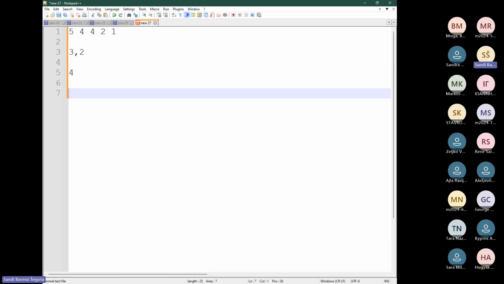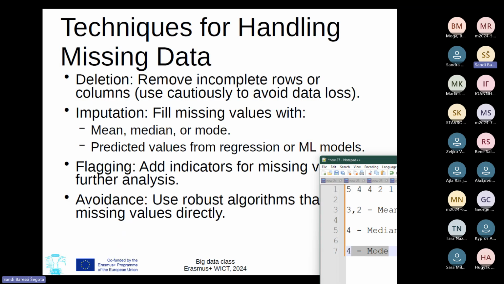And if you want the mode, you take the element that appears most often. That's 4. So this is your standard average as you calculated, this is the median element in the list, and this is the element that appears most often.